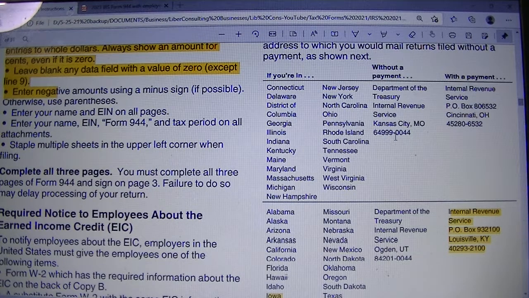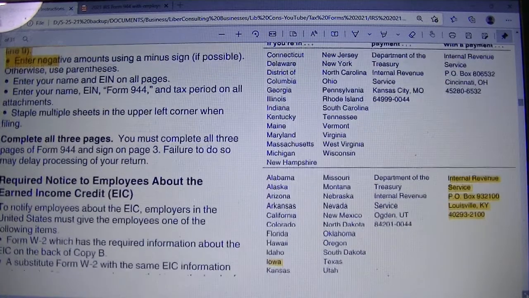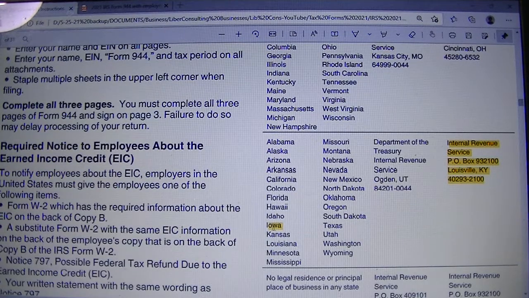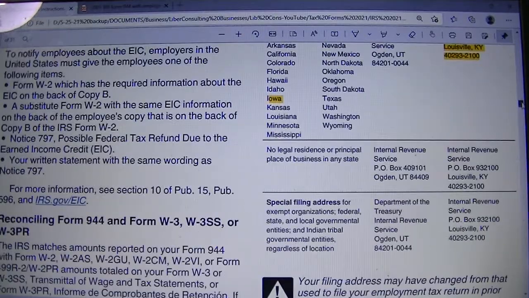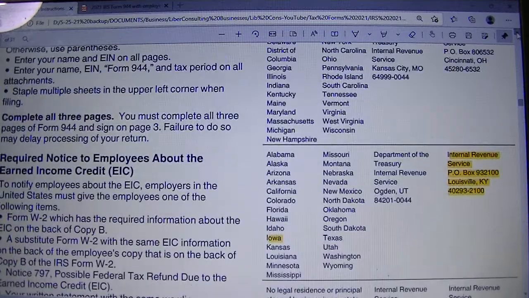If you are going to make a payment, like in our case, you are going to look for the address in the with a payment section that corresponds to your state. So in this example, we are using Iowa, and we are going to pay $49.70, and we are going to add the voucher and the check to the envelope where Form 944 is.